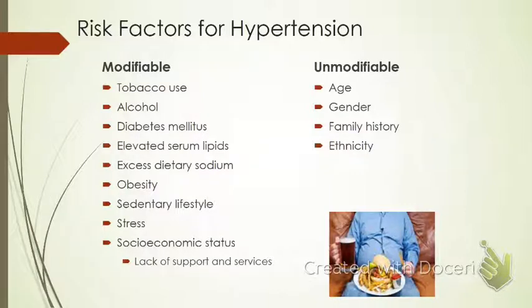Unmodifiable, we can't change anything about. As you get older, you're at higher risk. If you're a man, you're at higher risk. Sorry. Family history, if you have a family history, you're at higher risk. If you have a genetic predisposition for fatty blood vessels, atherosclerosis, you just have that genetic predisposition.